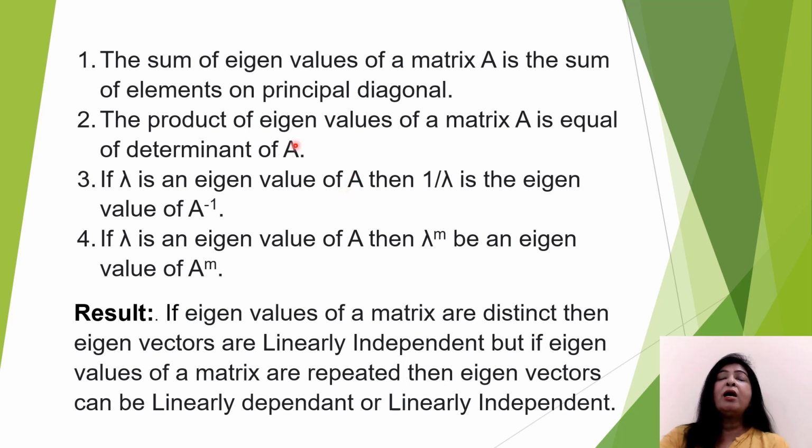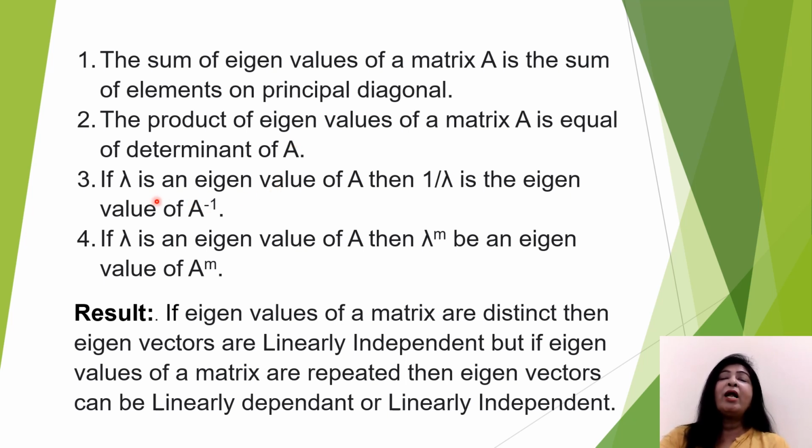Next, the product of the eigenvalues is equal to the determinant of A. Say you have a matrix A with eigenvalues lambda 1, lambda 2, lambda 3. Then the product lambda 1 times lambda 2 times lambda 3 will be equal to the determinant of A.